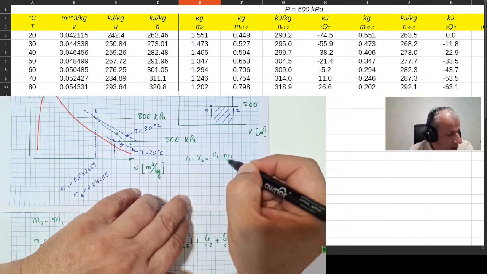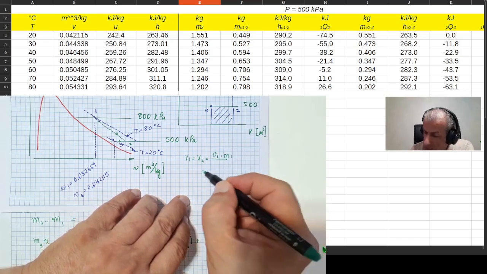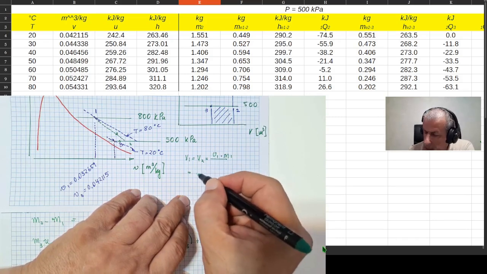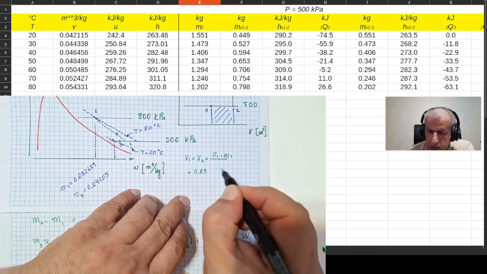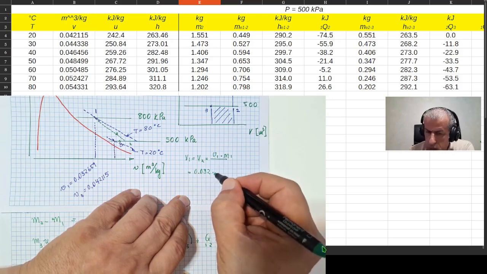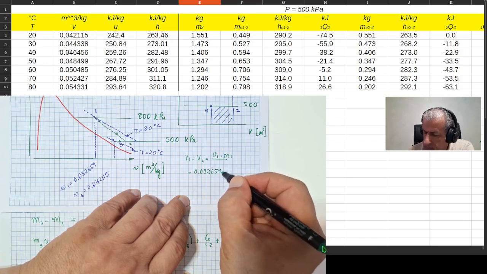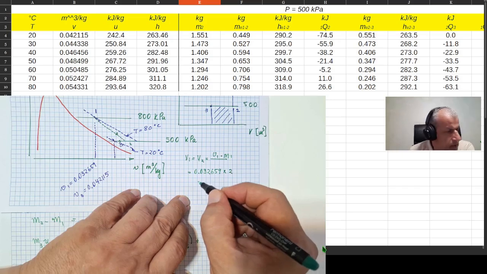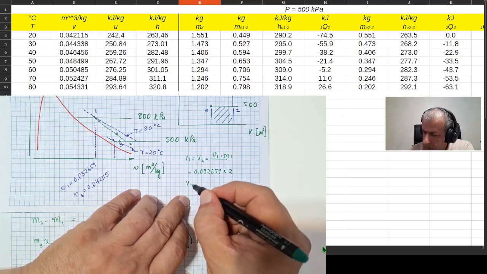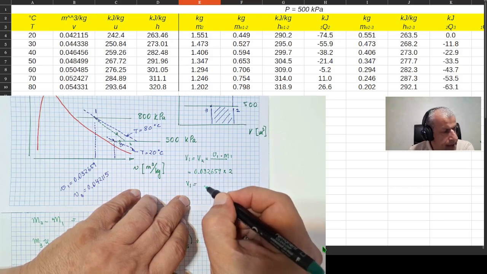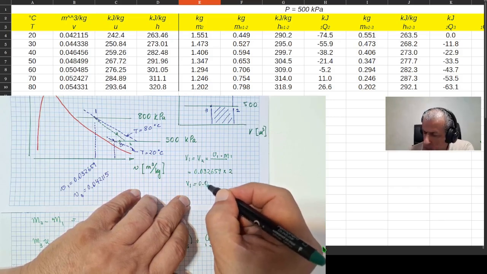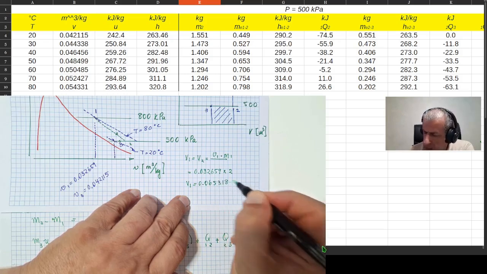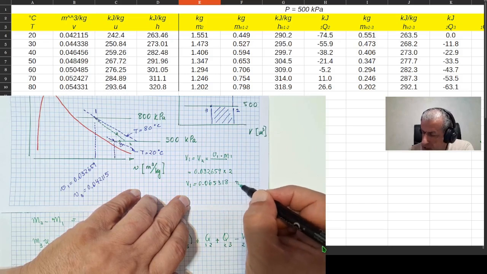We have all the values: v1 was 0.0322659 times m1, which was 2 kilograms, and therefore V1 would equal 0.065 cubic meters.